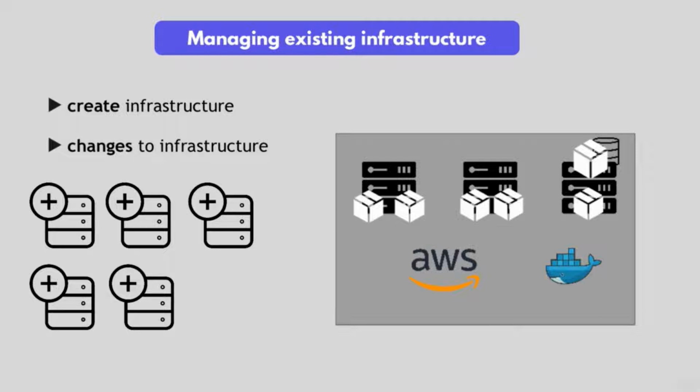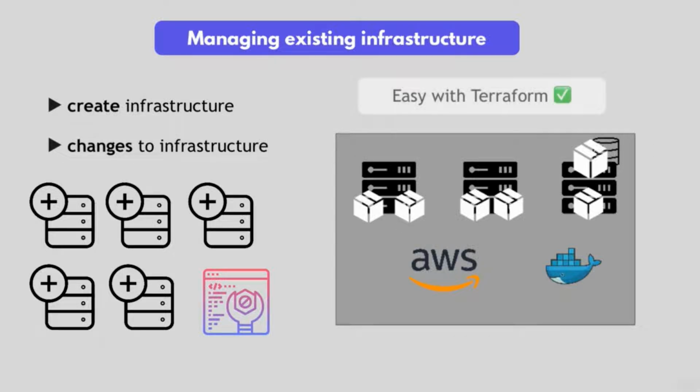And you also want to add some security configuration or maybe remove some stuff that you configured at the beginning. So now we are in the phase of managing the existing infrastructure, adding some stuff, reconfiguring, removing some stuff, etc. And using Terraform, you can make such adjustments to your infrastructure pretty easily.